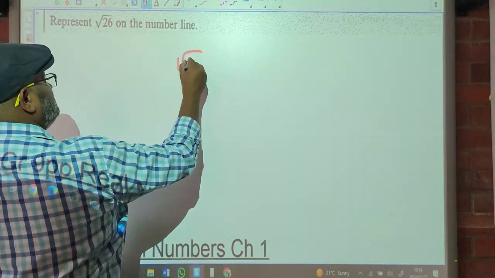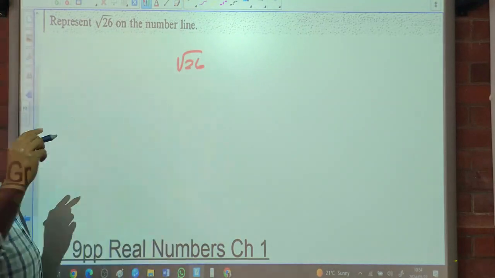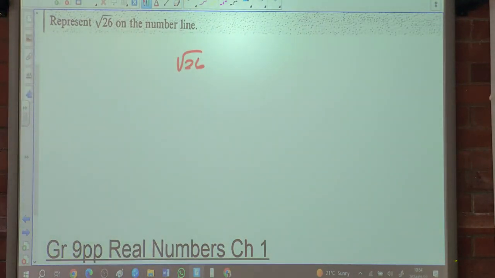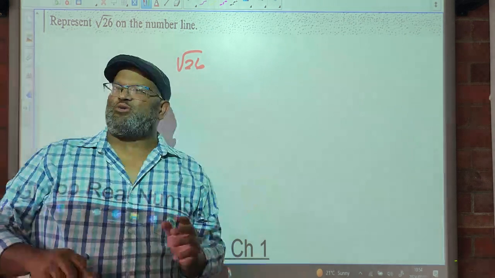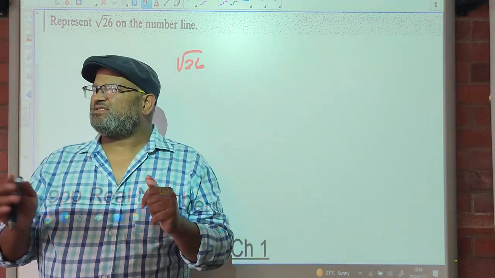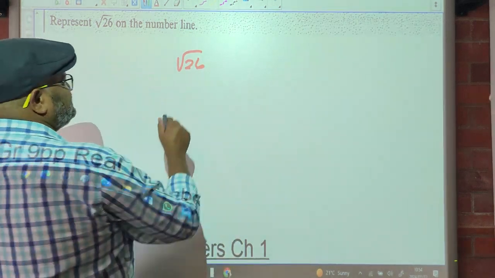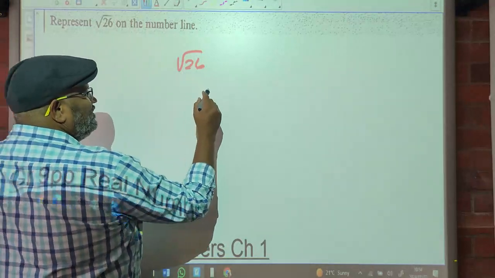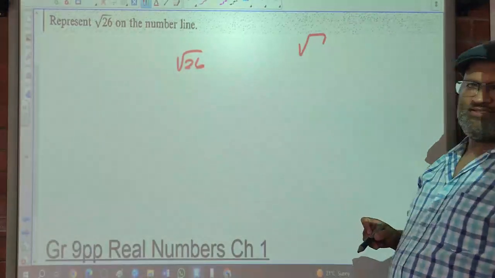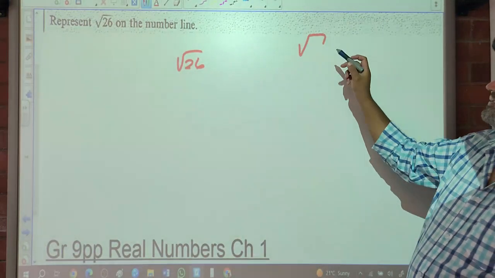Now, what we do is we say, okay, the square root of 26, to represent this on the number line, we need to know which two natural numbers it lies between. If we're looking at perfect squares, or perfect square roots, what is it?